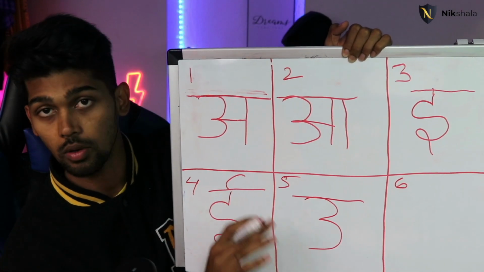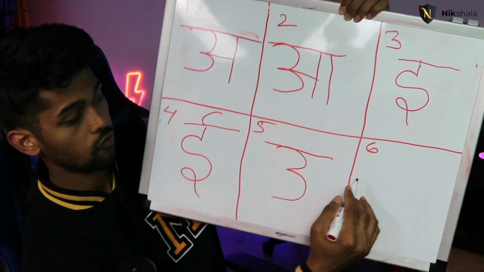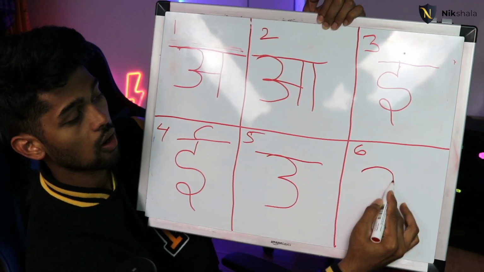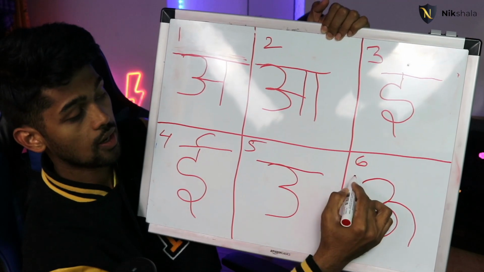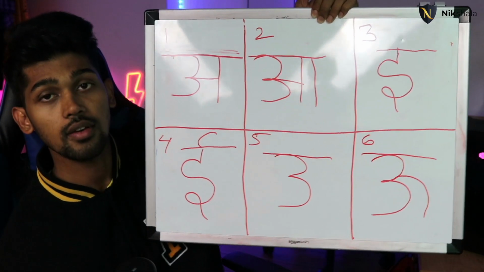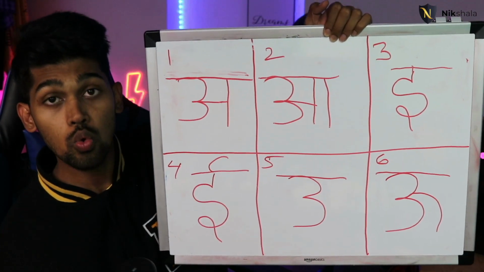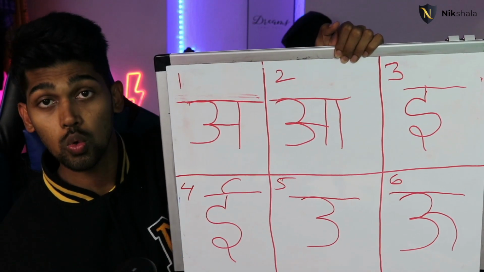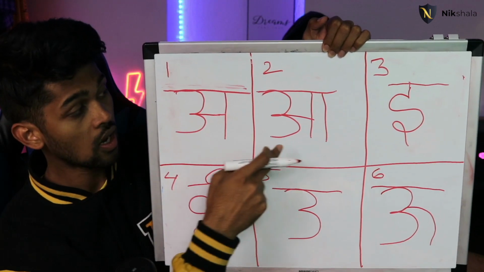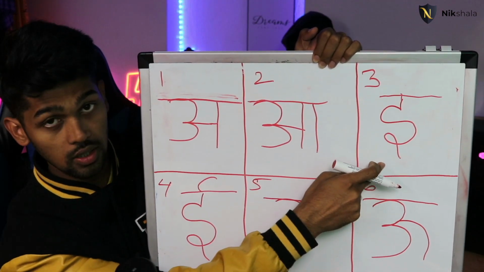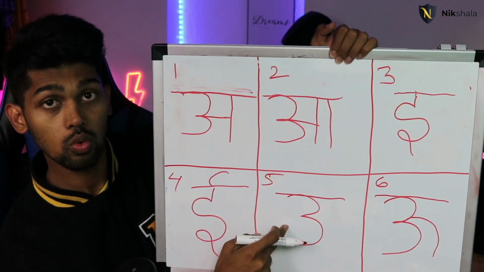This is U without stress. U. If we move forward, but with a line like this and a line like this, it becomes U with a stress. Ooh. Let's quickly recap. First one is A, A, E, E, Oo, Oo.